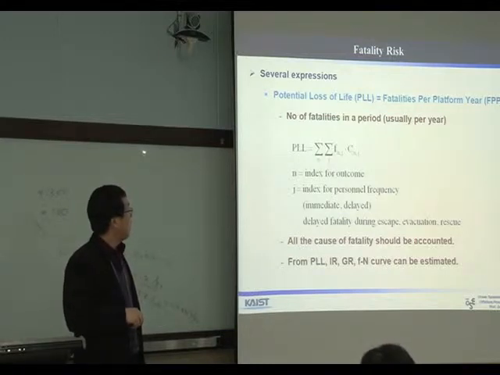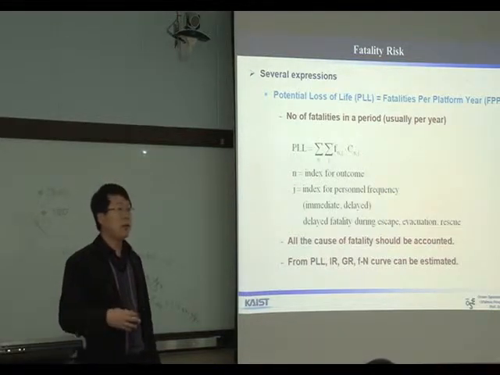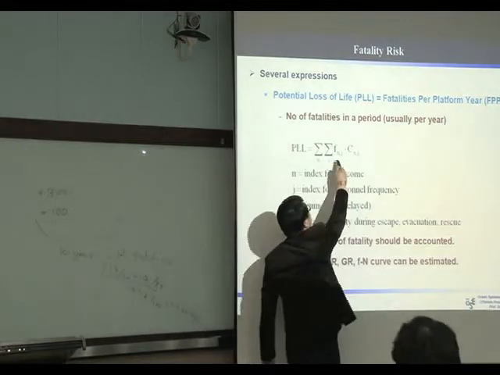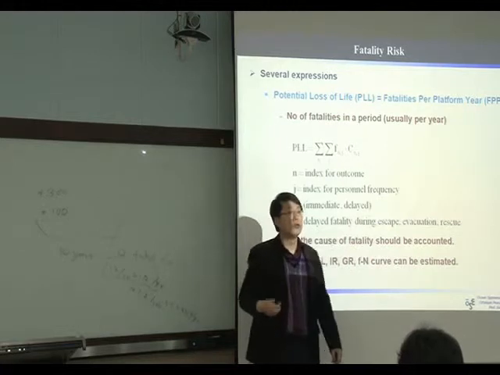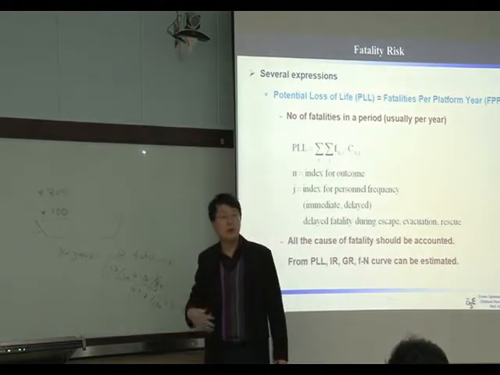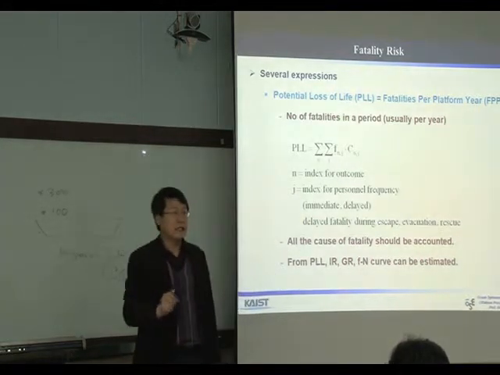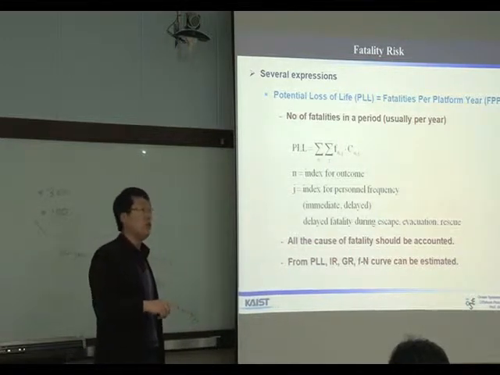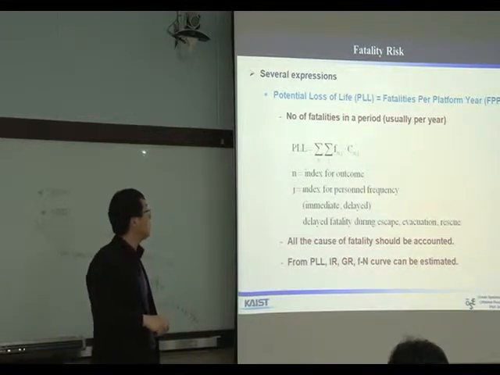And so all the causes of fatality should be accounted for, and from PLL, IR, GR, and the FN curve can be estimated. So what I mean is that if we have basic information on the fatality of each accident, we can generate all the information: individual risk, group risk, and the FN curve.